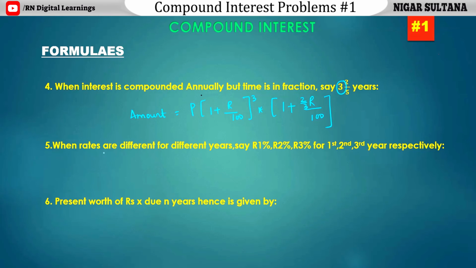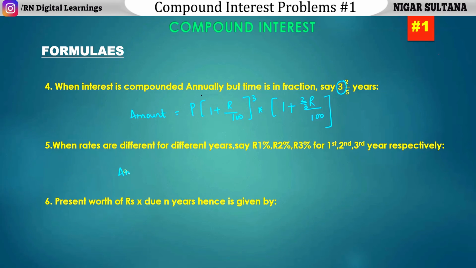Okay. Next, when the rates are different for different years, say R1%, R2%, R3% for the first, second and third year respectively. See, for the first year, we have a rate of interest. For the second year, there is a different rate of interest. Again for the third year, the rate of interest is different. If this is the case, what we have to do?